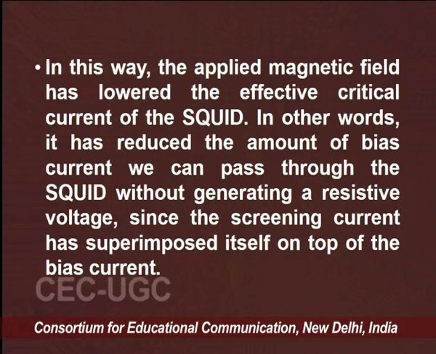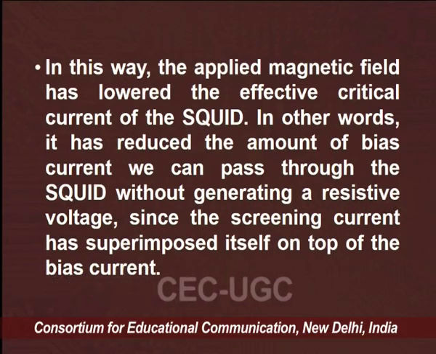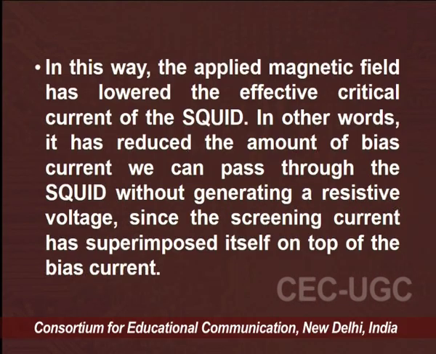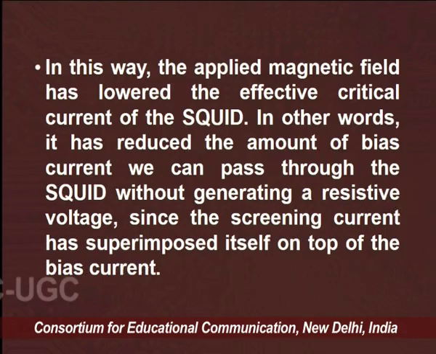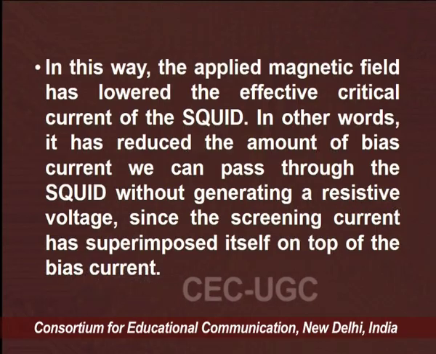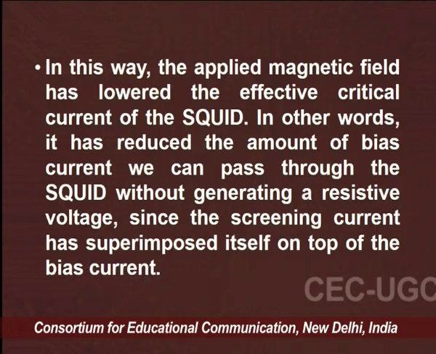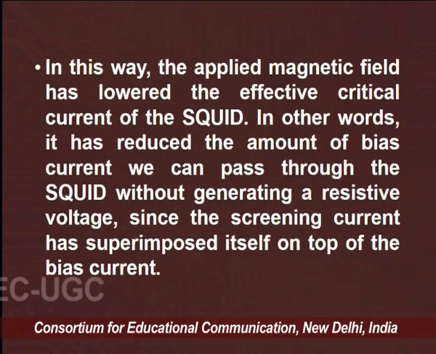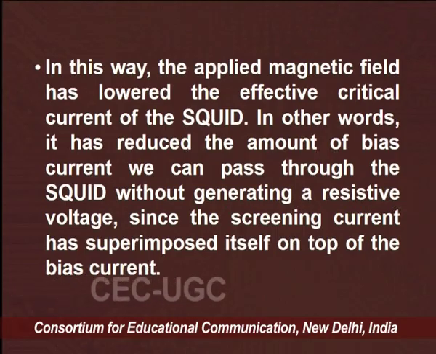In this way, the applied magnetic field has lowered the effective critical current of the SQUID. In other words, it has reduced the amount of bias current we can pass through the SQUID without producing a resistive voltage, since the screening current has superimposed itself on top of the bias current.